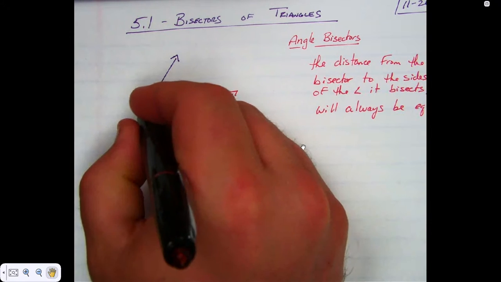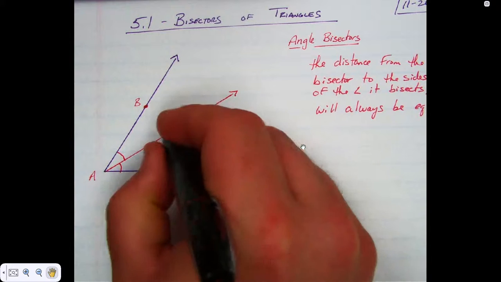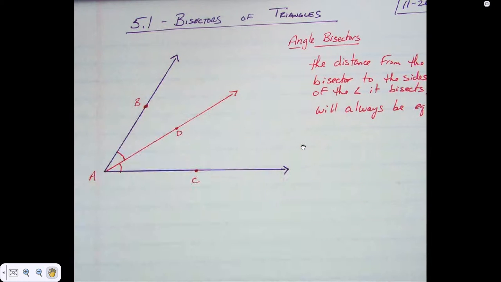What throws a lot of people for a curve here, or gives people problems, is understanding when you're talking about the distance from a line to a point, how do we measure that?